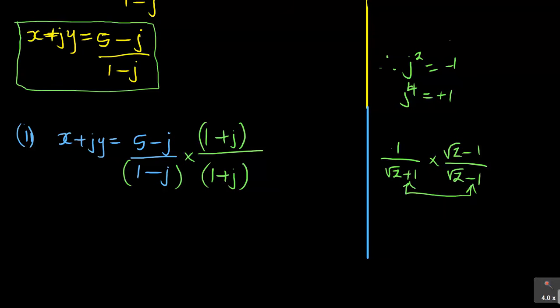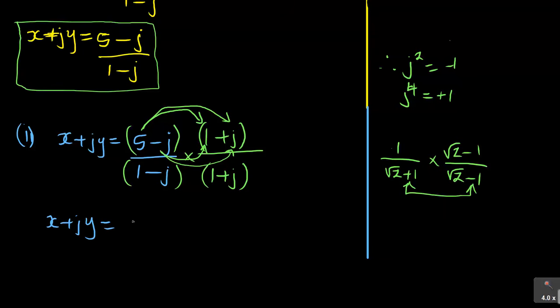So when you do that and you multiply, what you're going to have is x plus jy is equal to, so we are multiplying now, and just like opening any bracket, you multiply that, and you multiply that, and you multiply that, and you multiply that. So we're just opening brackets here, normal expansion.